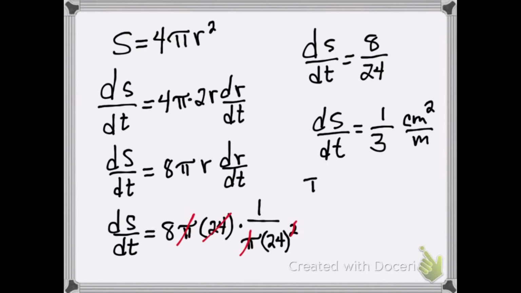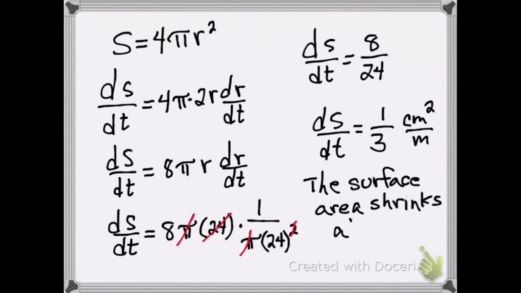So the surface area shrinks at 1/3 of a square centimeter per minute. Okay, and that's our answer. So there is another typical related rates problem.